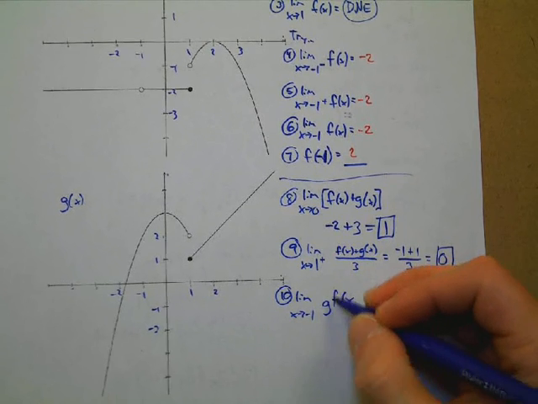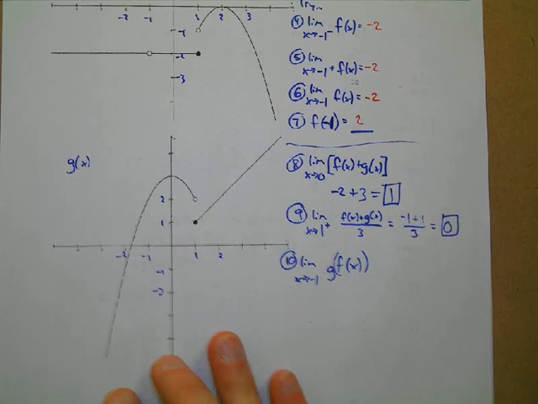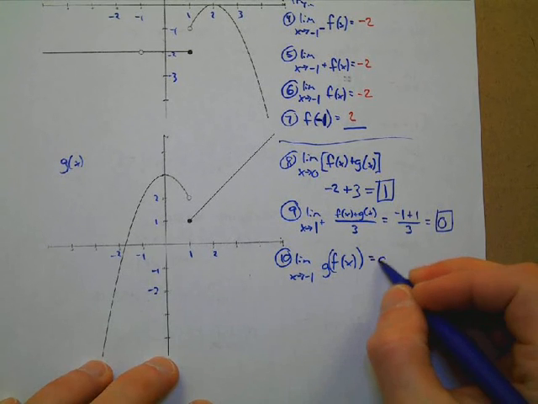So what is the limit as x approaches negative 1 of f? Negative 2. And so we just find g of negative 2. Then what's g of negative 2? About negative 1, I would say, roughly. Here's negative 2, so g of negative 2 is about negative 1.